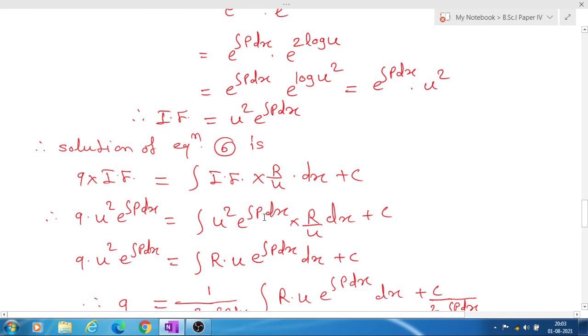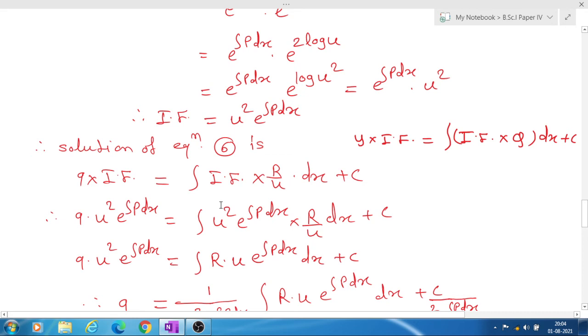Now the solution of the linear differential equation, the formula for that you know: for the standard equation, the formula for the solution is y into integrating factor is equal to integration of integrating factor into q dx plus c. So this is our standard formula.